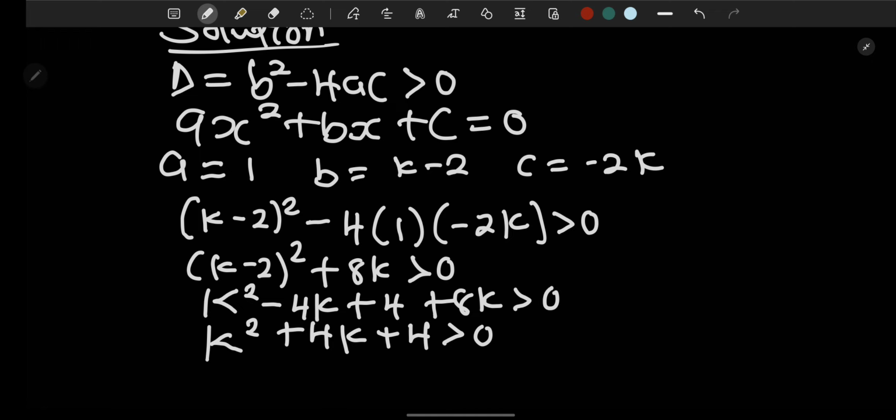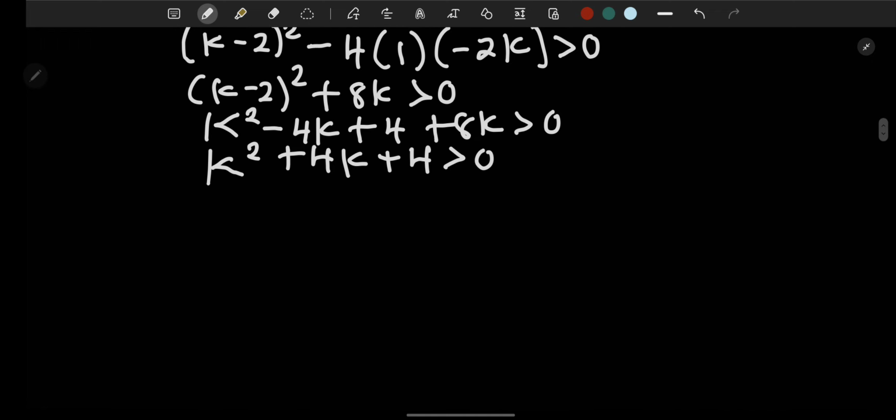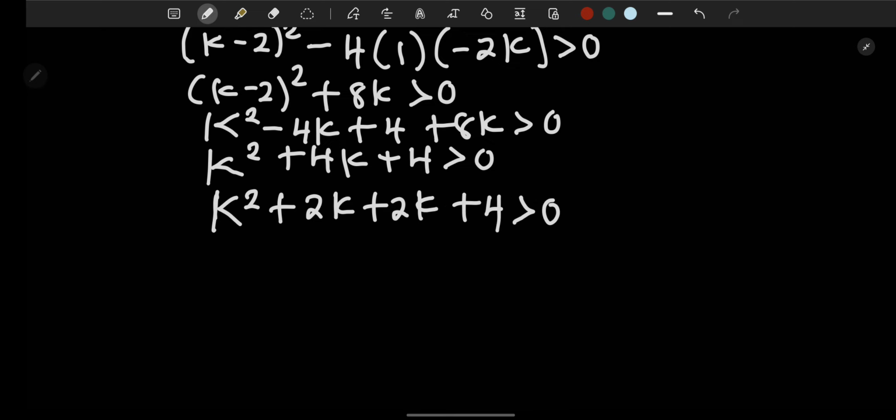The next thing to do is to factorize this. We have k squared plus 4k plus 4. Product of 4 and sum of 4, we make use of 2 and 2. So k squared plus 2k plus 2k plus 4 greater than 0. From the first two terms, we can factorize k out, leaving k plus 2.